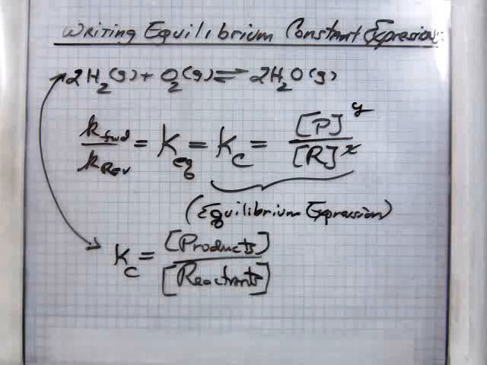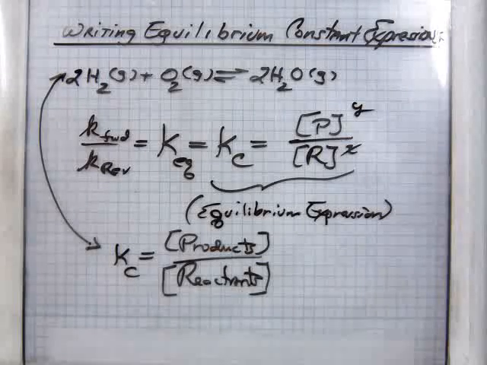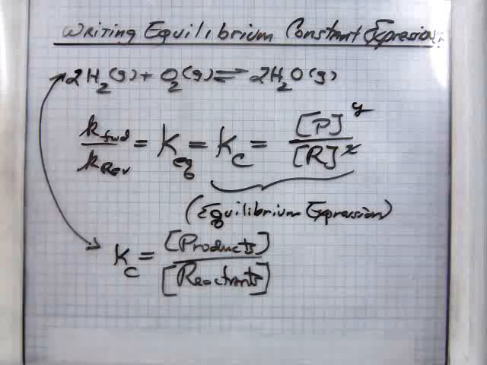Now, listen to me on this. In the kinetic region, the exponents or orders of reaction had to be defined experimentally because you have a constantly changing slope, right? Okay. In this one, the coefficients are the orders of reaction. You can use them because their concentrations don't change and you have a constant slope.